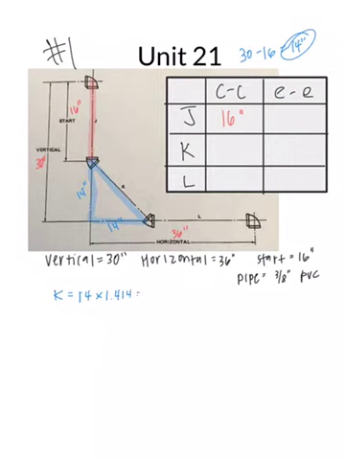So 14 multiplied by 1.414 gives us 19.796. And in the back of my book, I'm looking for 0.796. And that is 13/16. So pipe K is 19 and 13/16 of an inch.